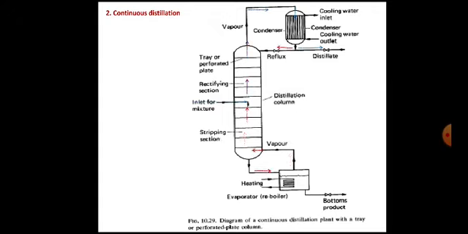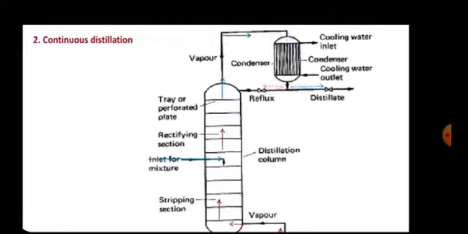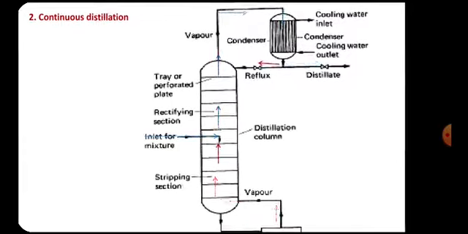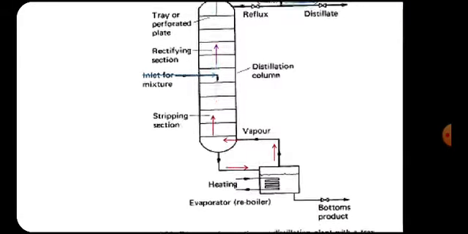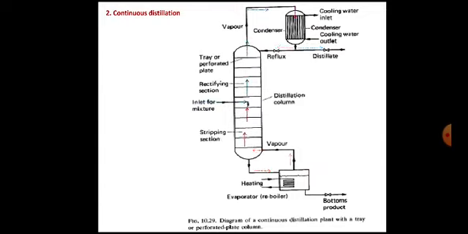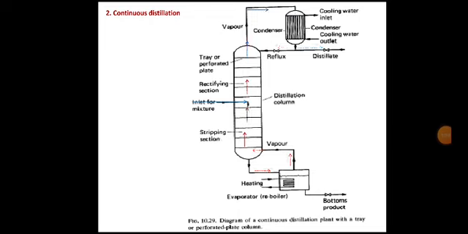This is the working of the continuous distillation plant. These two methods, continuous distillation and batch distillation, are useful for the recovery of solvents or for the recovery of volatile compounds.